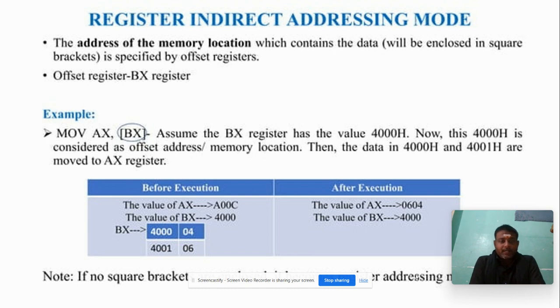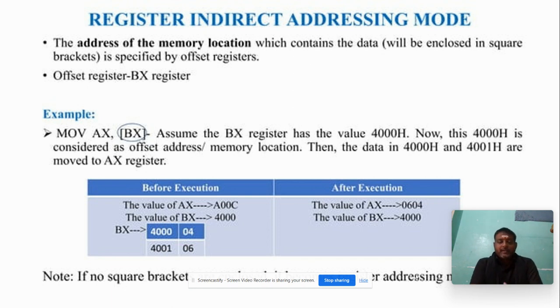MOV AX, [BX] is an example of a register indirect addressing mode instruction. Assume the BX register has the value 4000H. This 4000H is considered as the offset address of the memory location. Then the data at 4000 and 4001 are moved to the AX register.